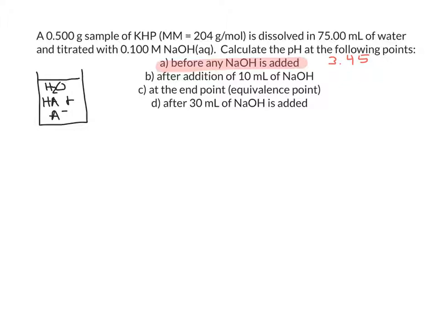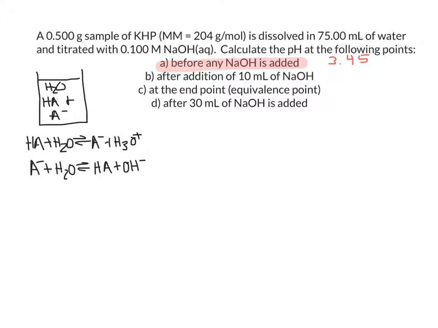We have HA in our beaker, which will react with the water to form conjugate base and H3O+. But we also have a significant amount of conjugate base, which will react with the water to form HA and sodium hydroxide.